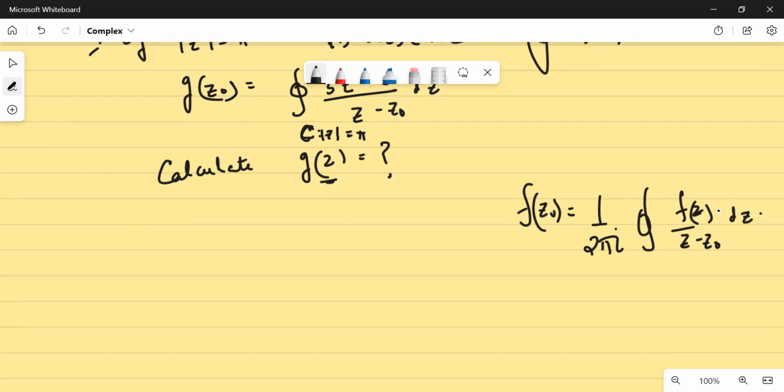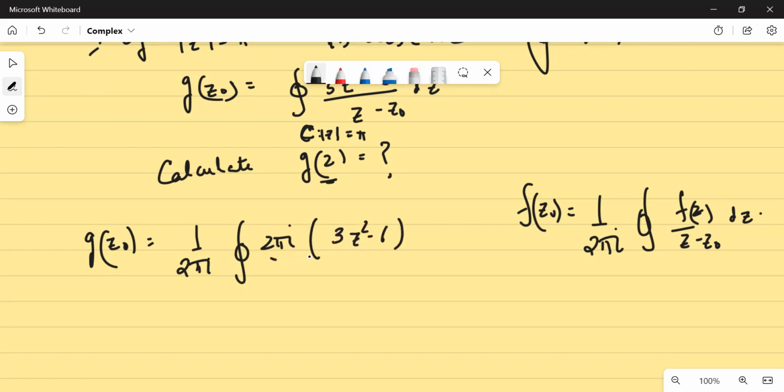I hope it is clear. So if I write g(z naught) is equal to 1 upon 2 pi iota integration, with 2 pi iota outside, and here 3z square minus 6 upon z minus z naught dz, this entire thing is actually nothing but g(z naught).